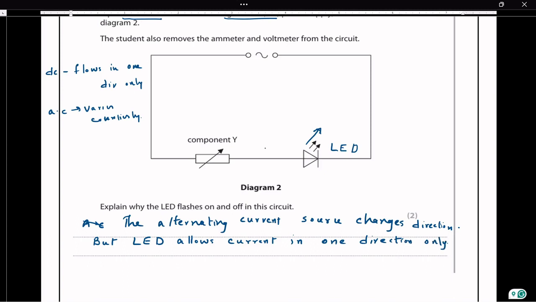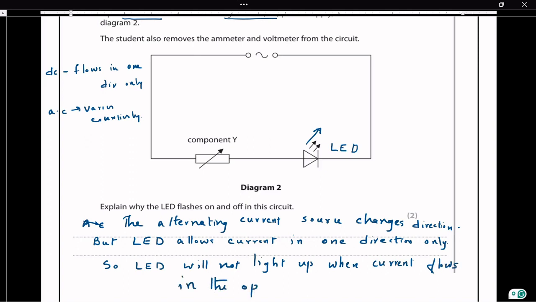So LED will not light up when the current flows in the opposite direction.